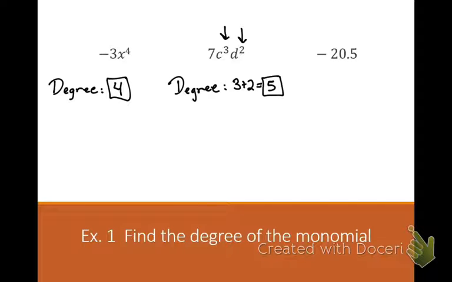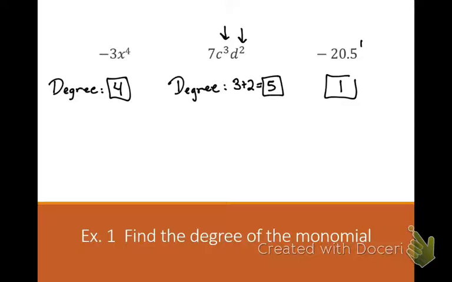What's my exponent value on my last number? What's my exponent value, guys? There's no exponent there. So what number would be understood to be my exponent? 1. So this is to the power of 1. So my degree is 1. That's it.